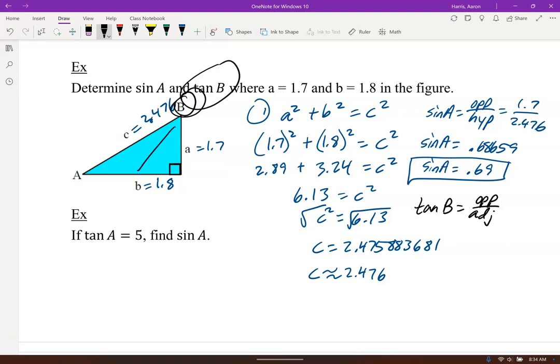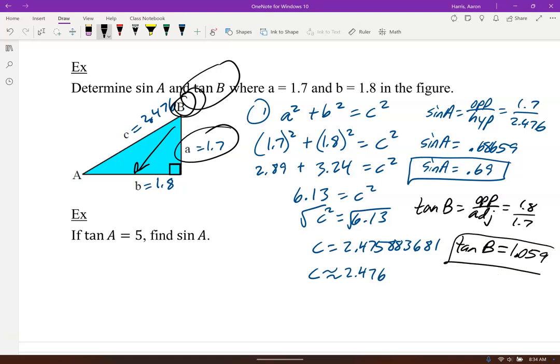The opposite side would be right there, the 1.8. The adjacent side would be that 1.7. So the tangent of B would be 1.8 divided by 1.7, or 1.0588. Let's round it to 1.059. And that's tangent of B.